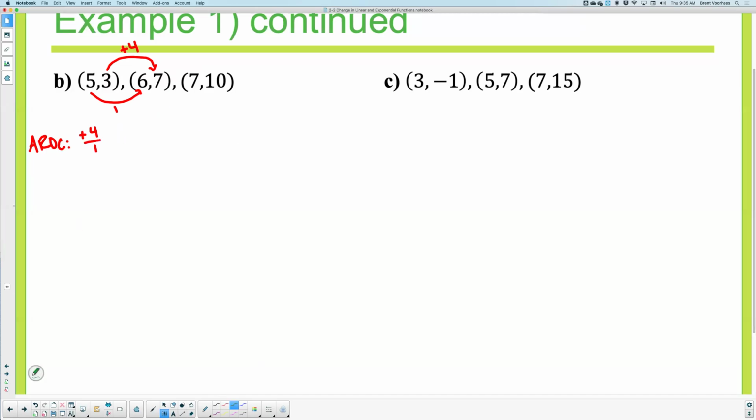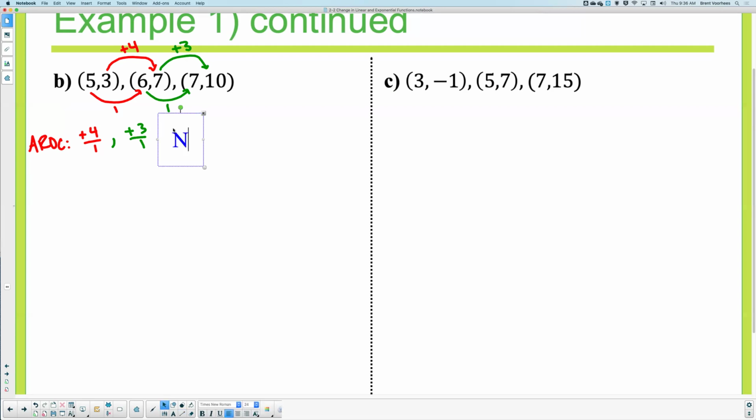Now let's find our second AROC. So from Y2 to Y3, what's the rise? From X2 to X3, what's the run? Okay. What can you tell me when you look at those AROCs? They are not constant. I'm going to add in a little divider here. Not constant, therefore, AROC is not constant.